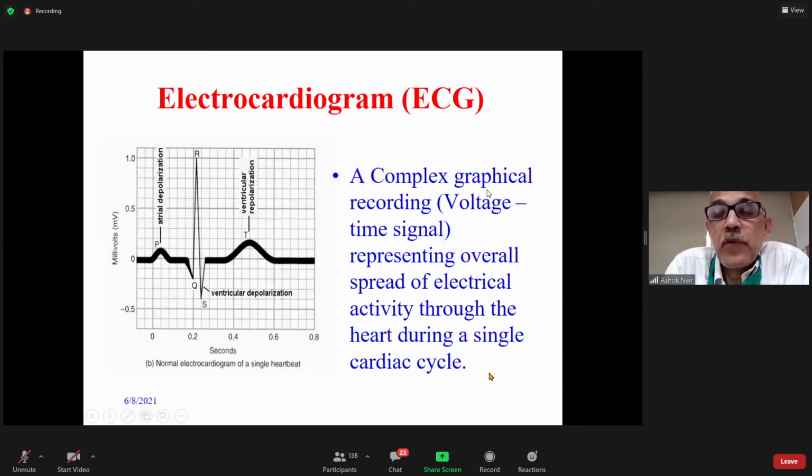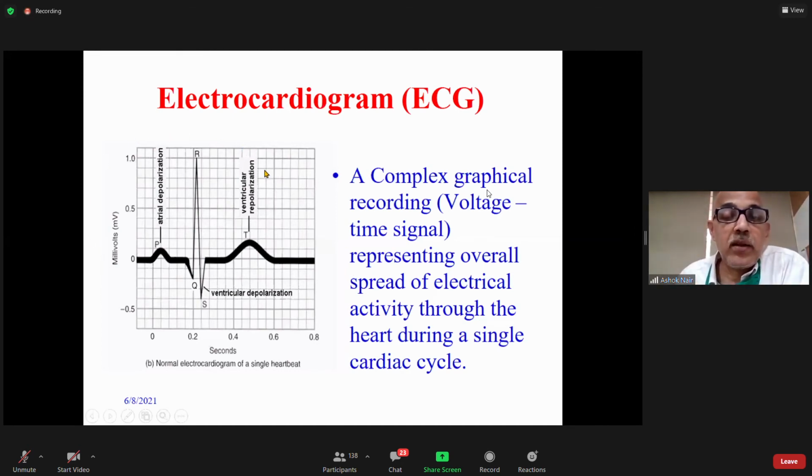Now, if you have to define an electrocardiogram, it is a graphical representation, meaning it will have two axes, voltage and time. It is a voltage-time representation of the electrical activity of the heart during a single cardiac cycle.